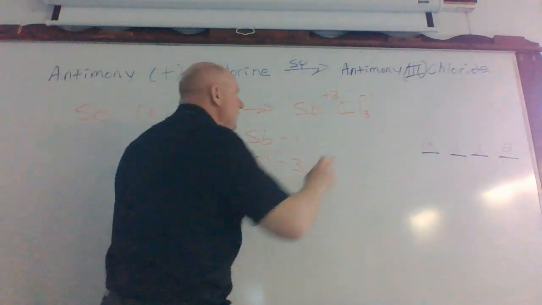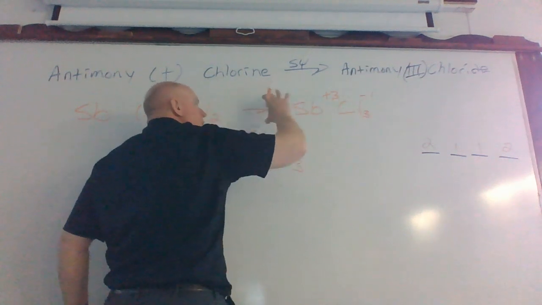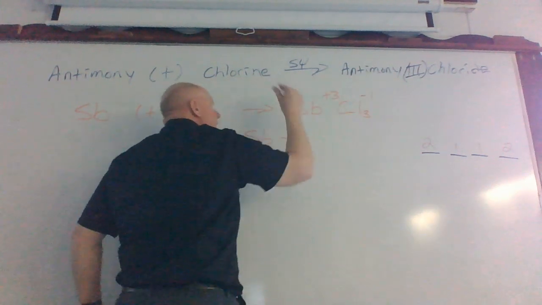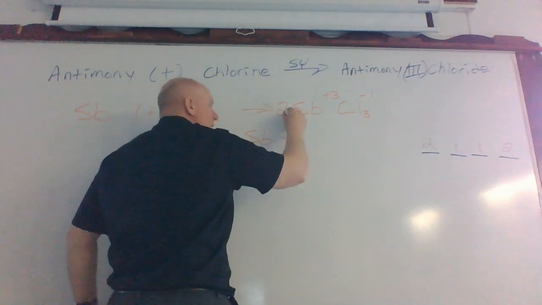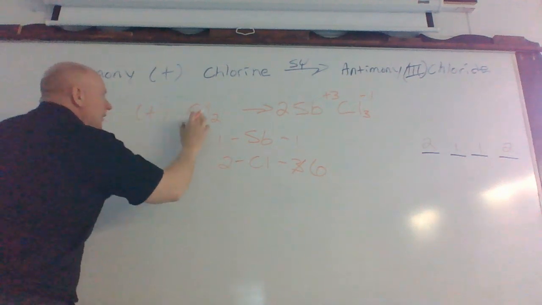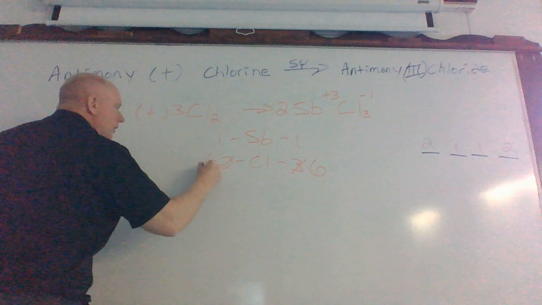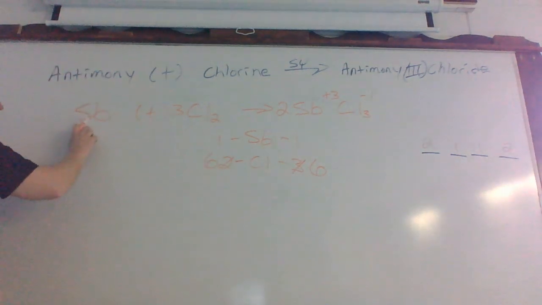These are odd. You need to get that up to an even number. So the only way to do that is to do what to this entire compound? Take it times 2 to change that to a 6. Then do what to this? Take it times 3. And then what about this?